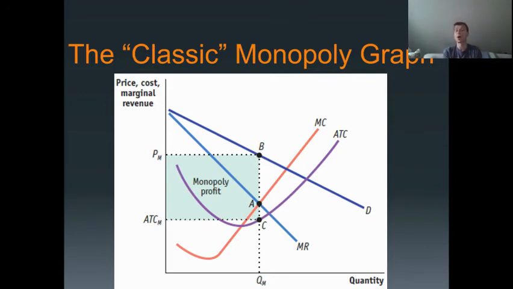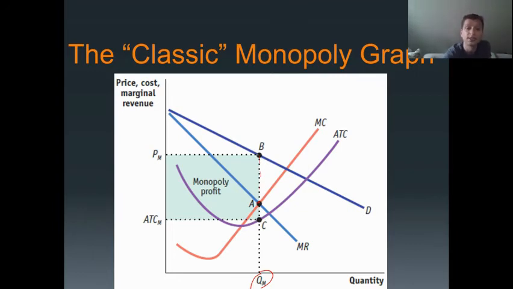You find optimal output the same way you found it in perfect competition. MC equals MR gets your quantity. Your price is set on the demand curve, as I said before. Now, for perfect competition, the demand curve was the marginal revenue curve. So that's why MC equals MR also gave you your price. For monopoly, it doesn't, because the demand curve and the marginal revenue curve are separated.